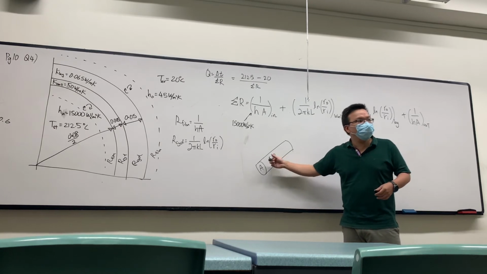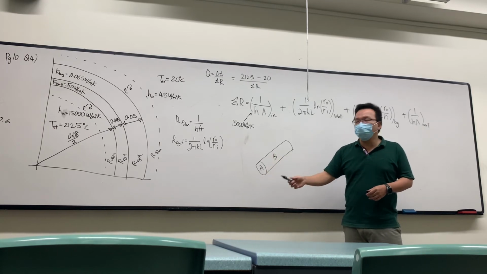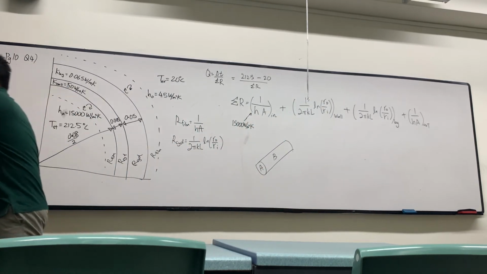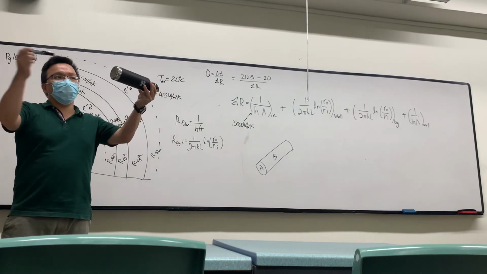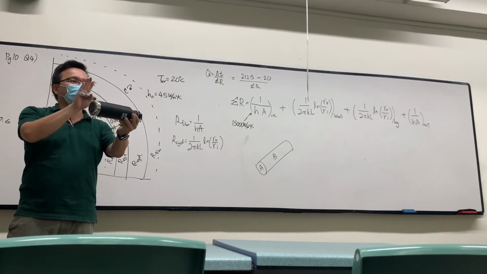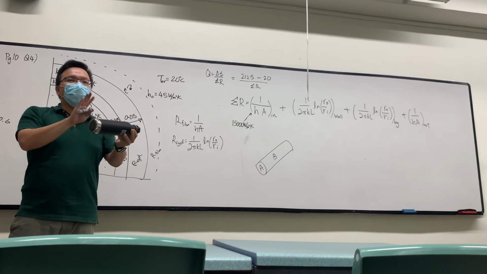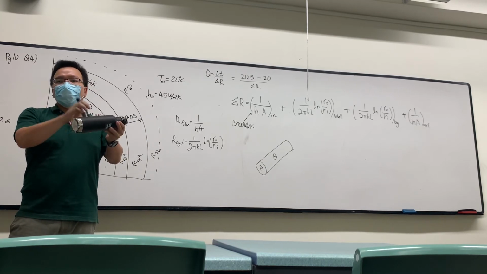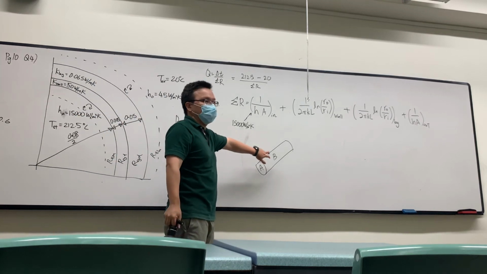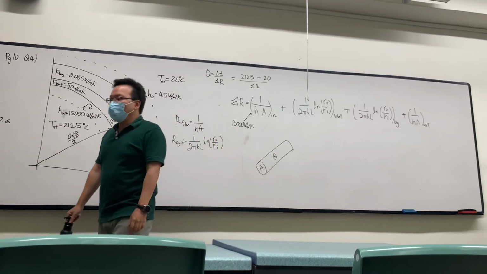Steam, the steam is flowing through A. But the heat is escaping through B. Simple logic: this is a pipe, your steam is going through here, but the heat is escaping here. That's why if you touch a steam pipe which is not insulated, you're going to burn yourself, because the heat is escaping out from here. So the heat escape is from B.